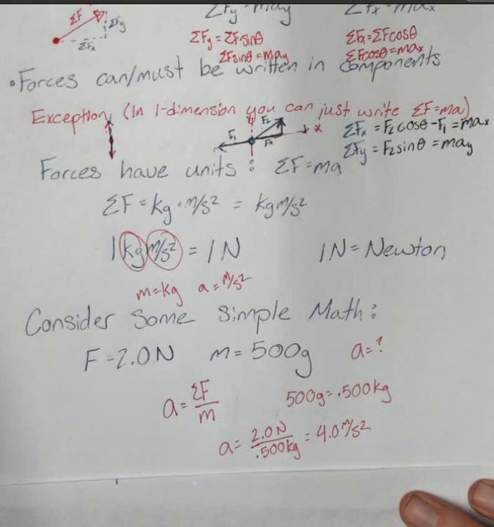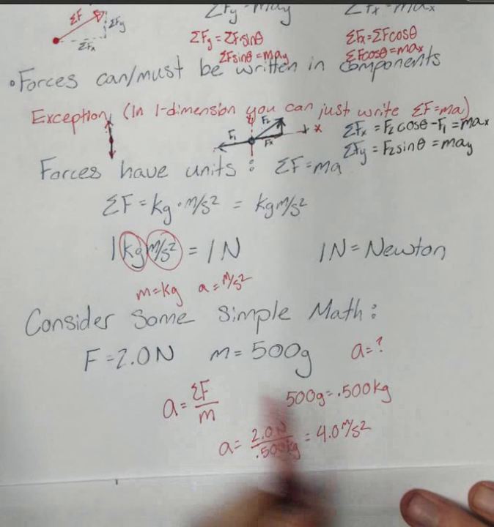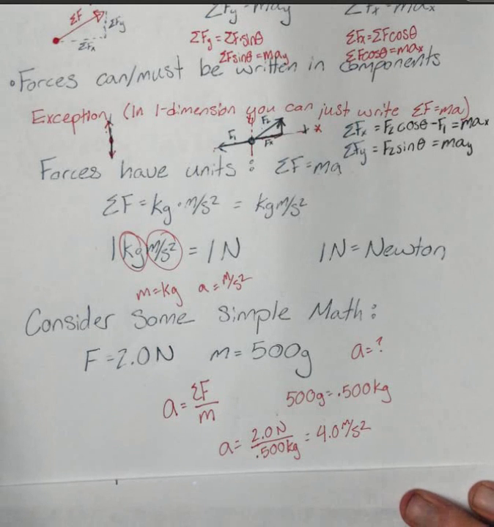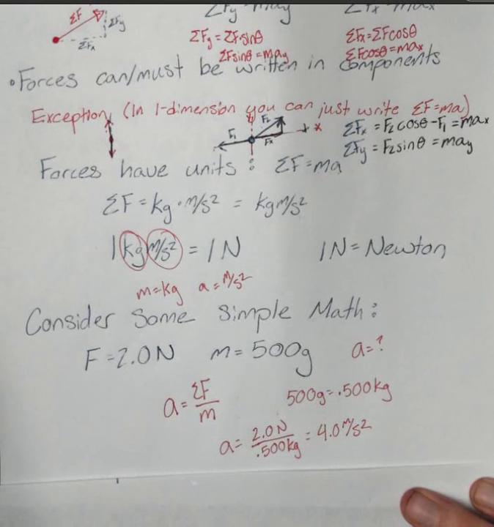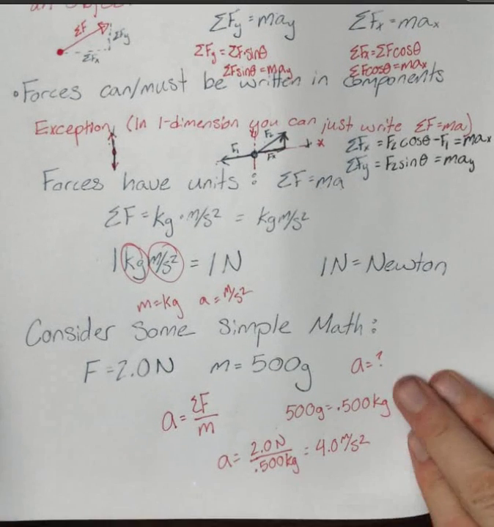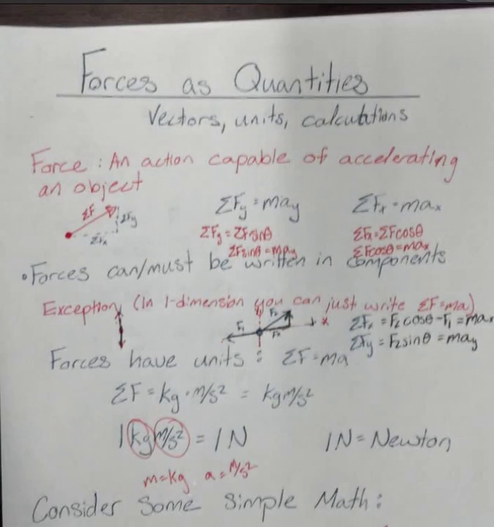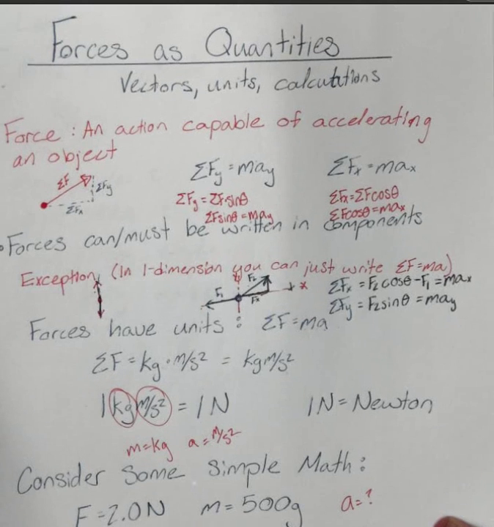If we hadn't converted the mass units correctly, then not only would our answer not be given in meters per second squared, but the number would be incredibly different. So always make sure to check the units and ensure that the units are SI system units.